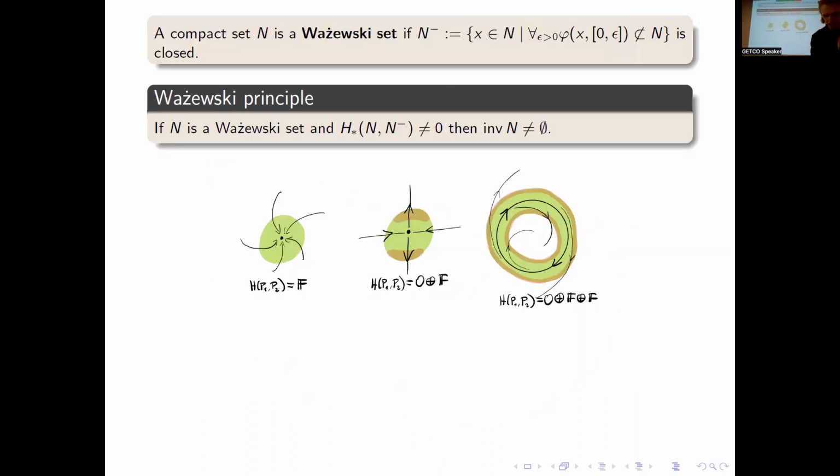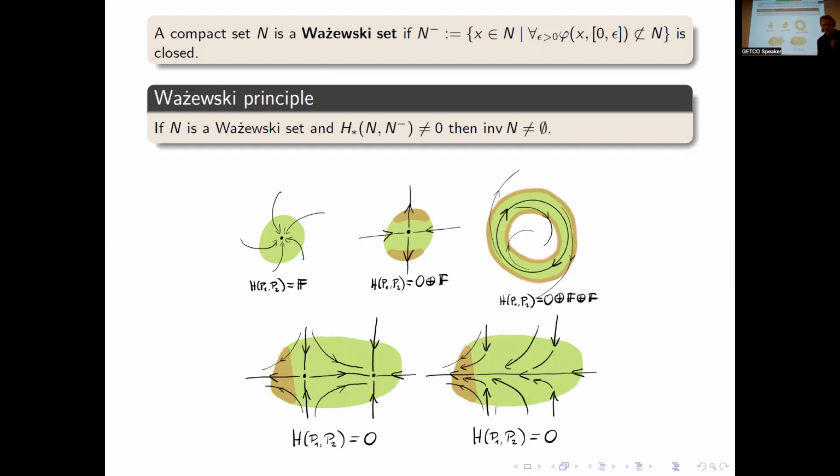As has been said already, those black boxes can be seen as a kind of Wazewski sets or isolating blocks. So we distinguish two types of multivectors.